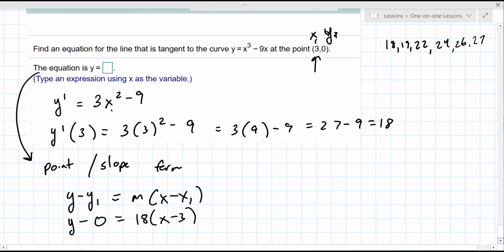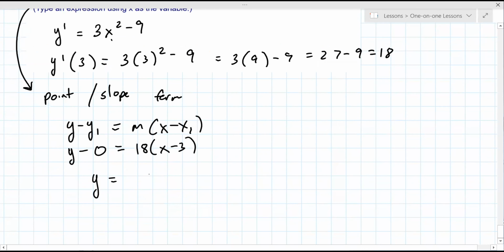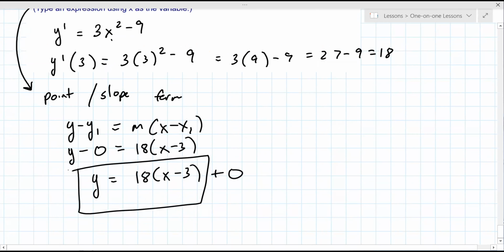Normally, you would just add that value to the other side. So it'd be 18 times (x minus 3) plus 0, but this is what it's looking for. So that's just the equation right there, and it only wants this part on the right. So you said 19 to go through?